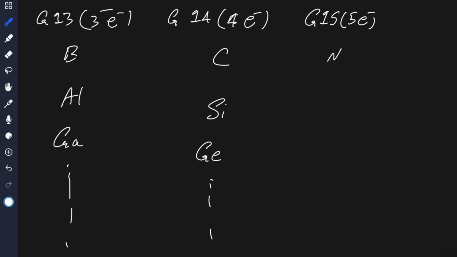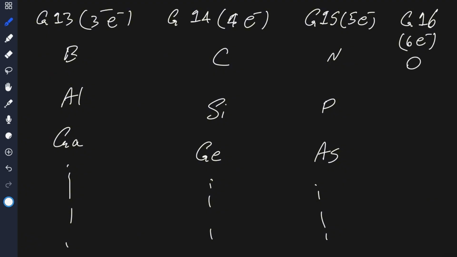Nitrogen, phosphorus, arsenic, etc. Group 16 have 6 electrons. Like what?